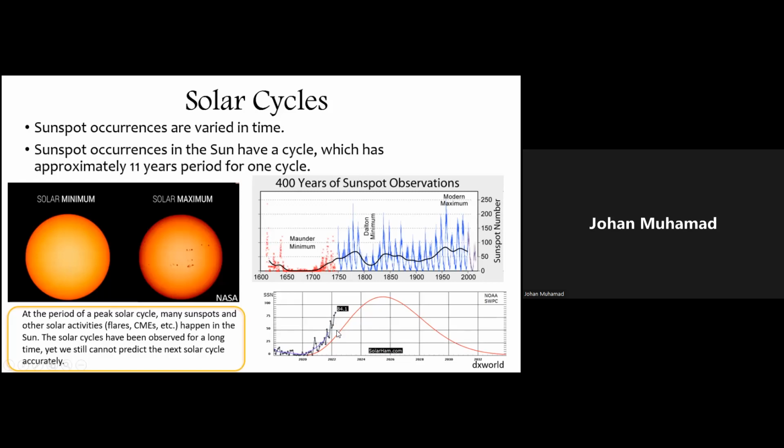You can see there's a discrepancy between the observations and the prediction. So even if we know sunspots and have observed sunspots for a long time, we still cannot understand the real mechanism that generates sunspots. So we still cannot predict the next solar cycle accurately.